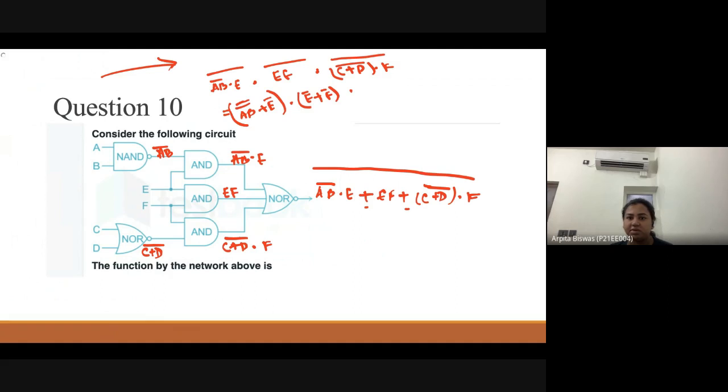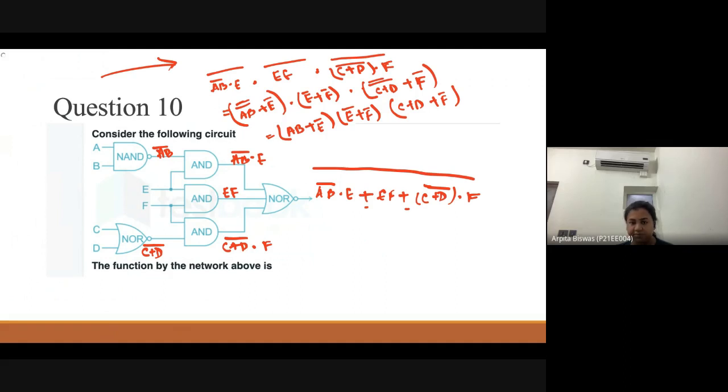If we simplify it, double bar C plus D plus F bar. This is F, this is F bar. So we can write A into B plus E bar into E bar plus F bar into C plus D plus F bar. Right?